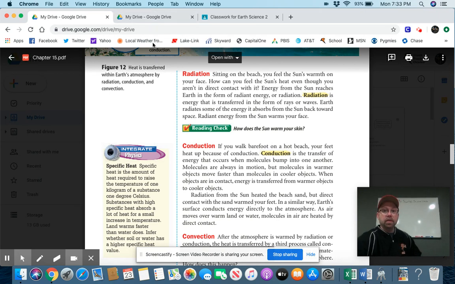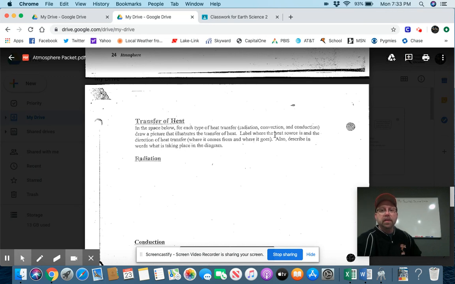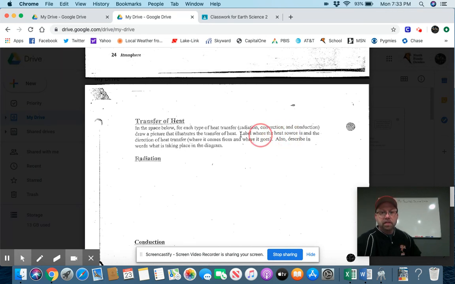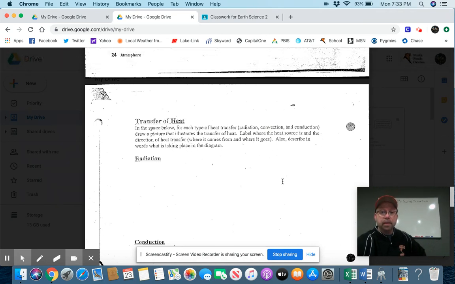And I also have you label different parts of that drawing. Here we can see I have you label the heat source, the direction of heat transfer, where it comes from and where it goes. Remember, heat always goes from the hot thing to the cooler thing. And then describe in words what's taking place in the diagram.